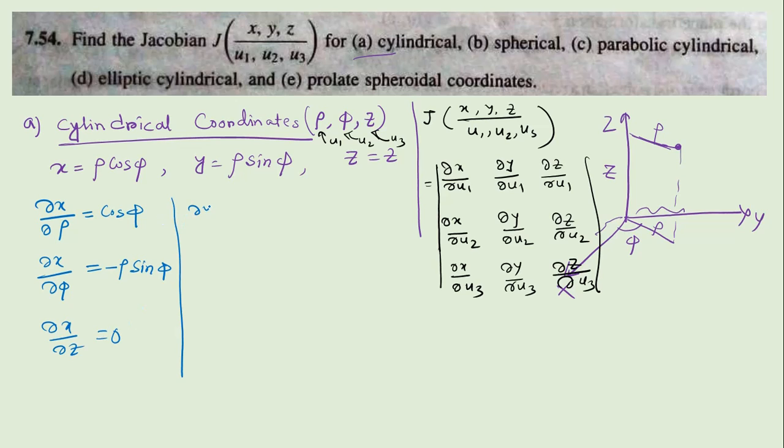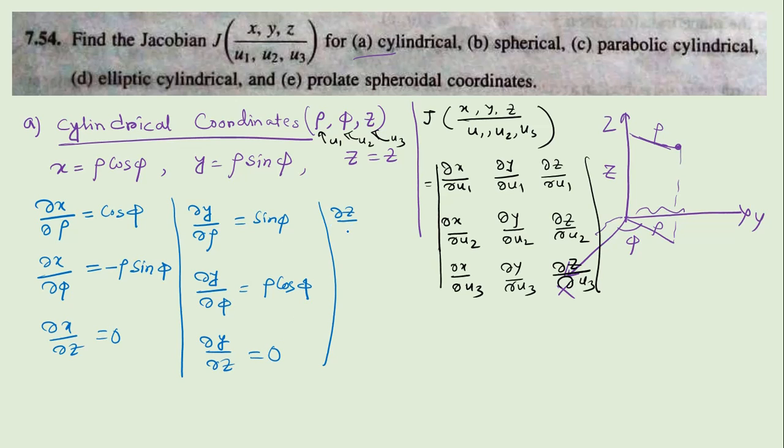Similarly, del y del rho is sin phi, del y del phi is rho cos phi, and del y del z is 0. Del z del rho is 0, del z del phi is 0, and del z del z is 1.